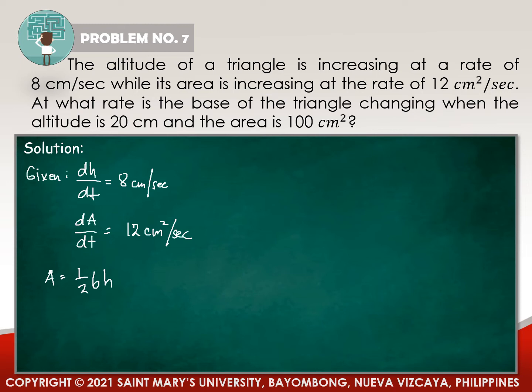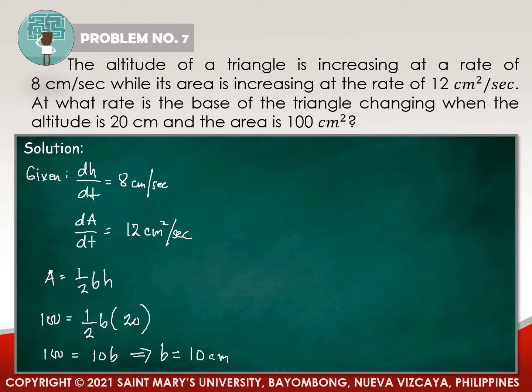And we have the given area, which is 100, equals 1/2 times the base times the height, which is 20. So we have 100 equals 20 divided by 2 is 10 times b, 10b. Follows that b equals 100 divided by 10 is 10. So meron tayong base na 10 centimeters.